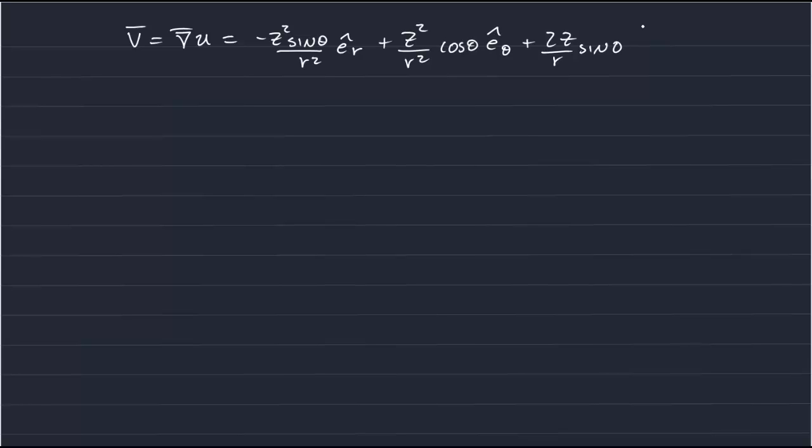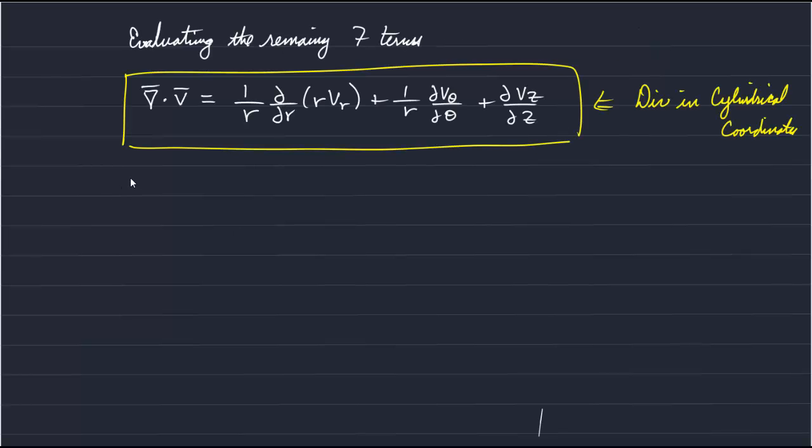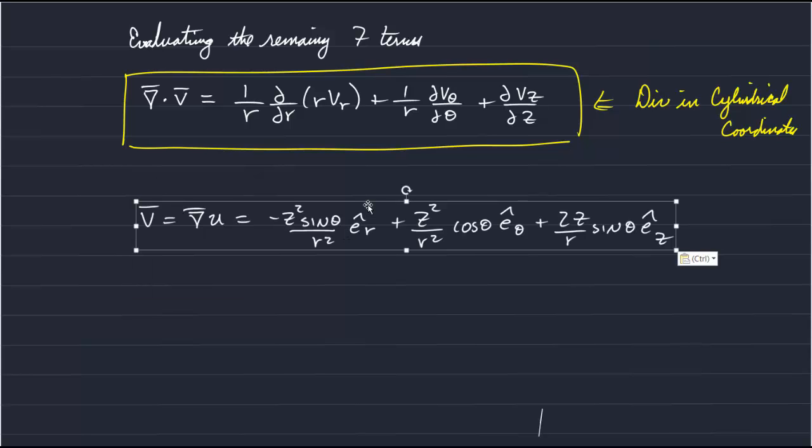So we have our vector equal to the gradient of our scalar field, which was minus z squared sine theta over r squared e hat r plus z squared over r squared cosine theta e hat theta plus 2z over r sine theta e hat z. Realizing I wrote that on the wrong page, so let me paste that here.